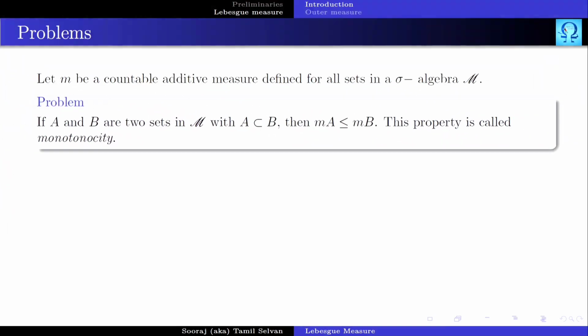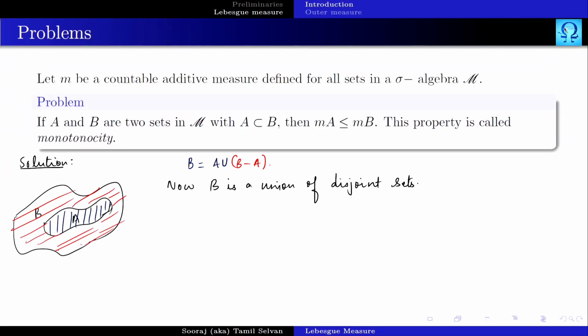So using that, we may write measure of B as measure of A union (B minus A). This is nothing but measure of A plus measure of B minus A.